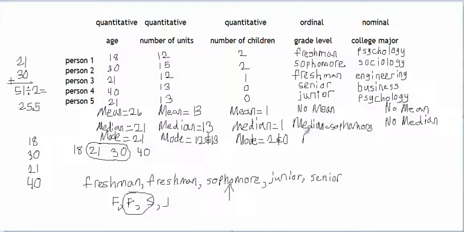So the mode is freshman. In this column of data, psychology shows up twice, and all of the other majors only show up once. So the mode is psychology.